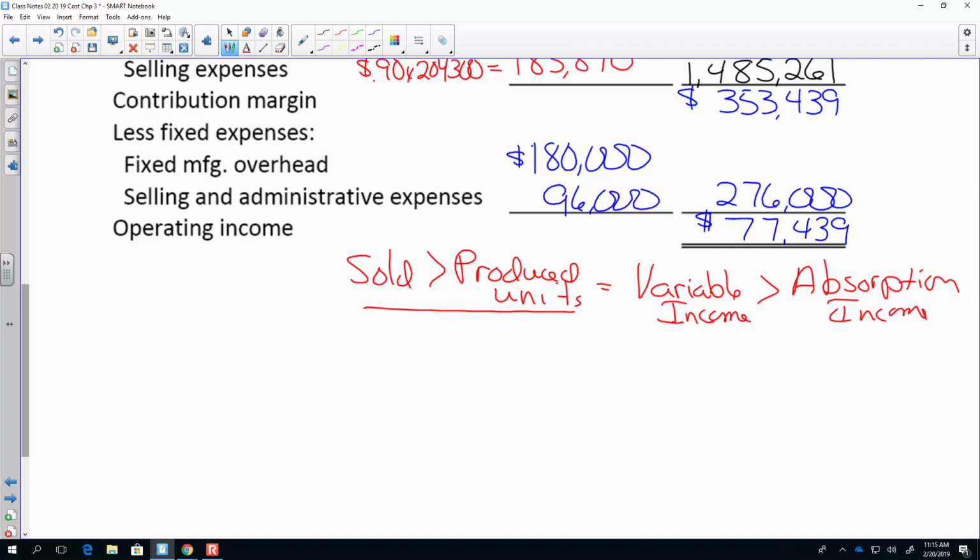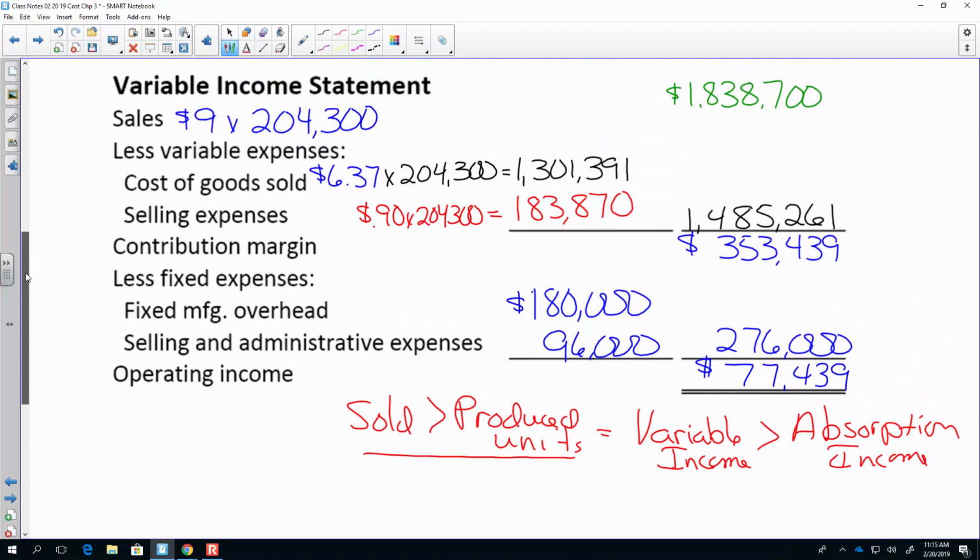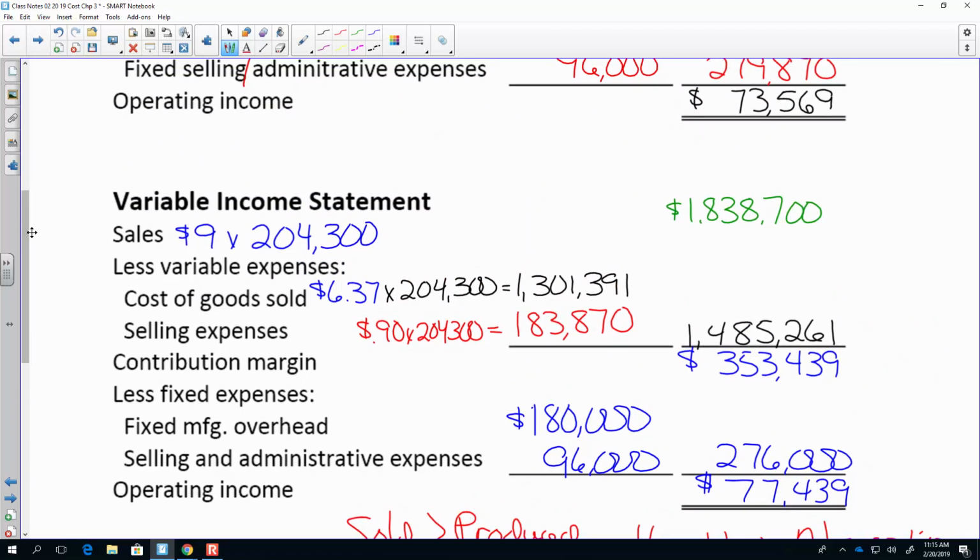Did anybody do the difference? What is the difference in amount? 3,870. 3,870.